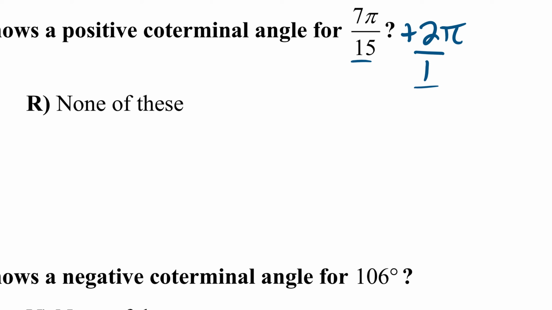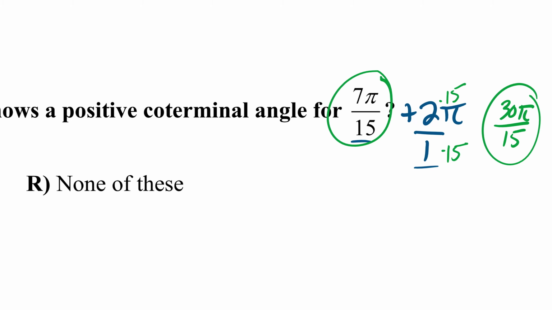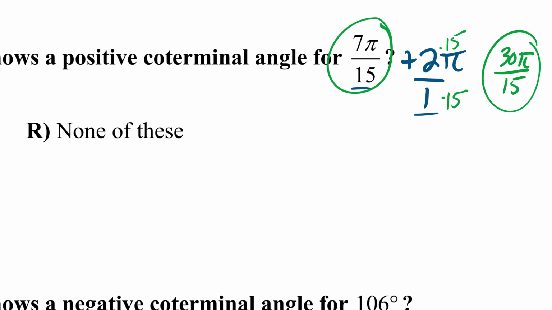So if I multiply 1, my current denominator, times 15, to make it the same, I would have to multiply 2 by 15, and I would get 30 pi over 15. I can add 30 pi over 15 and 7 pi over 15 and get a positive coterminal angle.